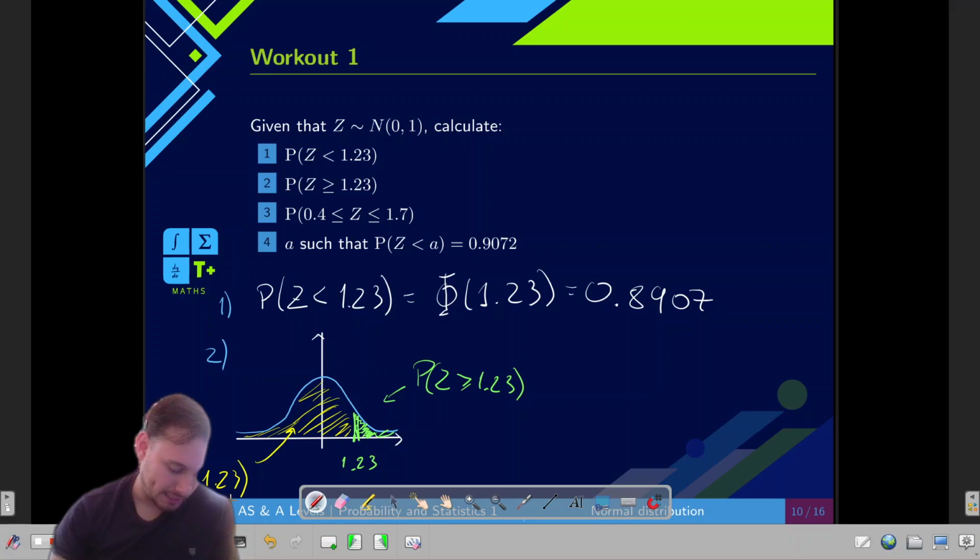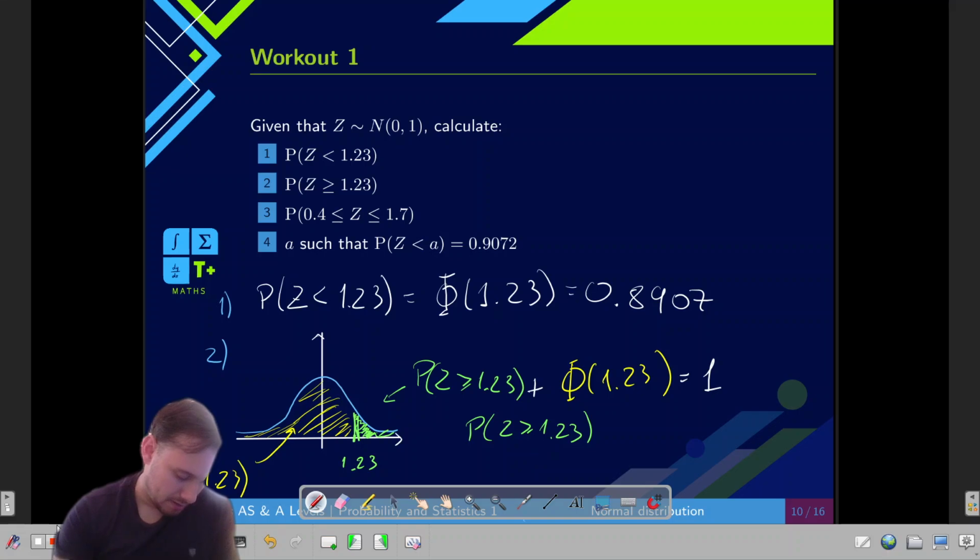So as they must add up to 1, this probability that we're looking for here, plus the value for phi of 1.23, must be equal to 1, and hence the probability that Z is greater or equal than 1.23 is equal to 1 minus phi of 1.23.